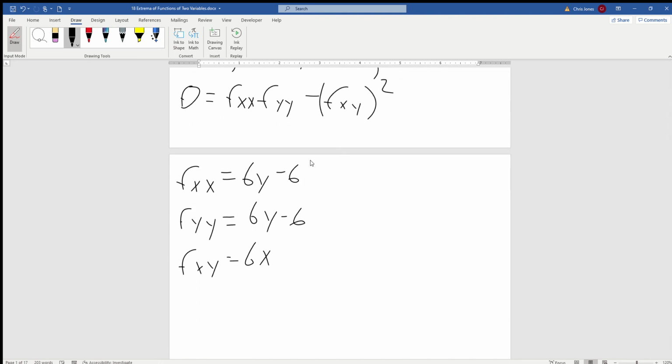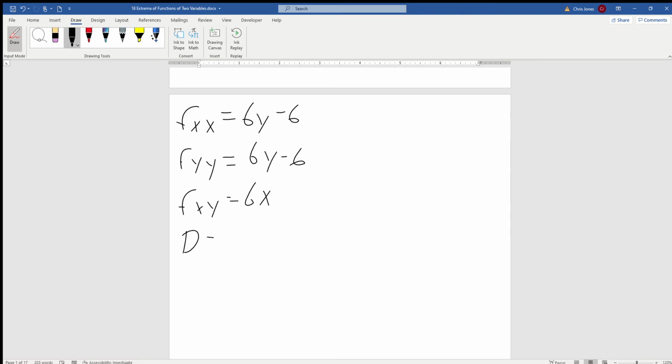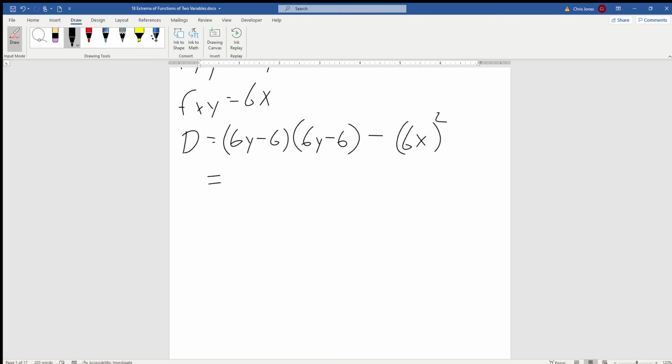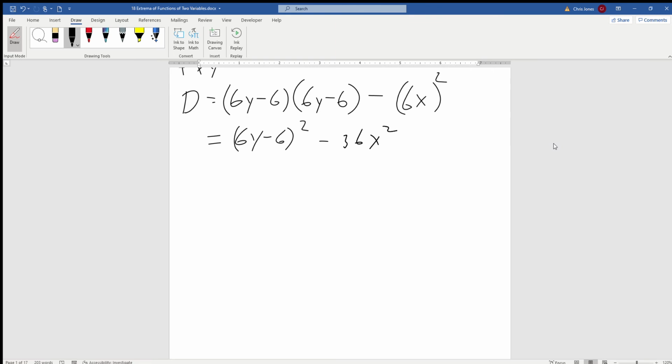And so our formula for D is going to be equal to fxx times fyy minus fxy squared. Or another way to write D is (6y minus 6) squared minus 36x squared. And again, remember, we need D to be able to classify those four critical values. So now we're just going to go ahead and do that.